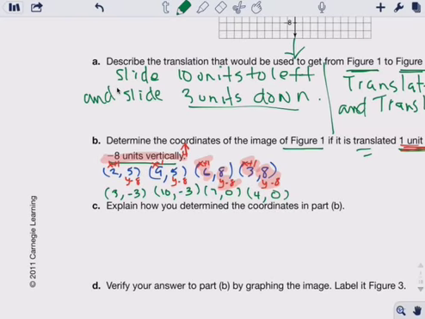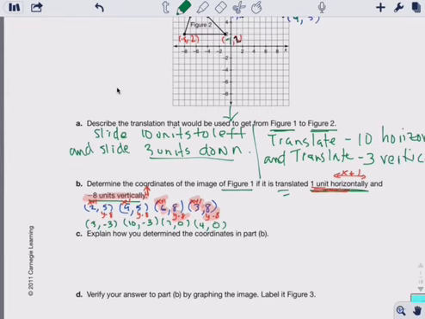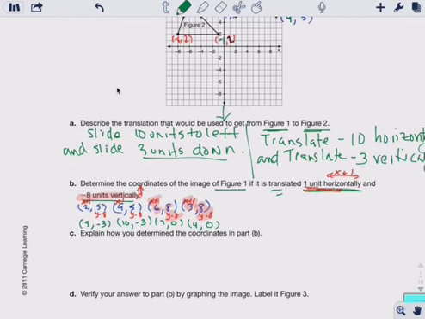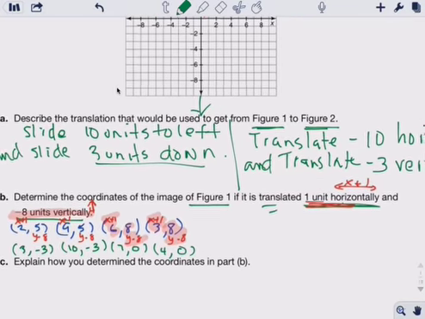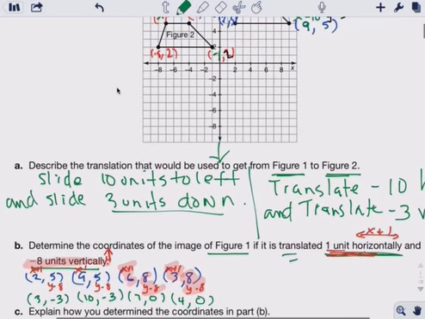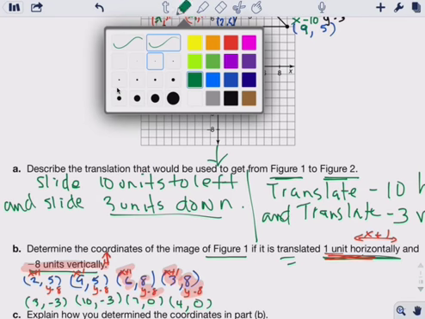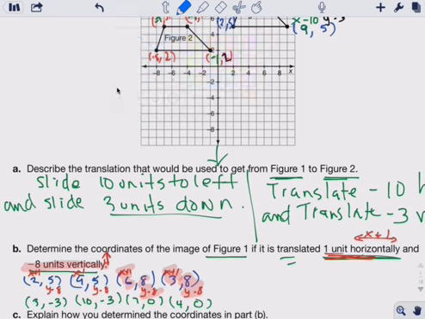Then you use that to graph it. It didn't say to label it, but probably figure 3 because it's the third one. So 3, negative 3; 10, negative 3; 7, 0; and 4, 0.